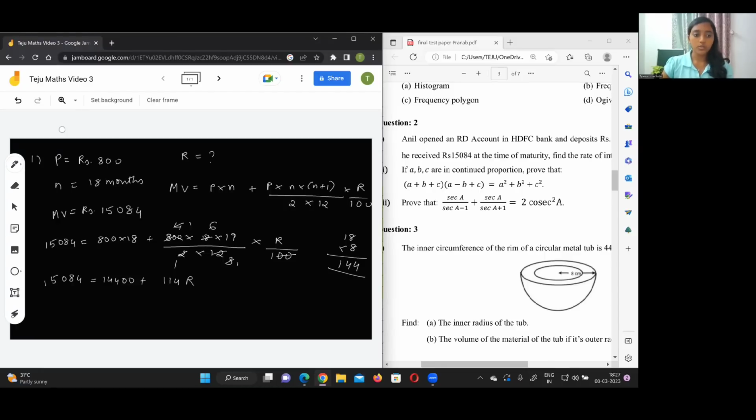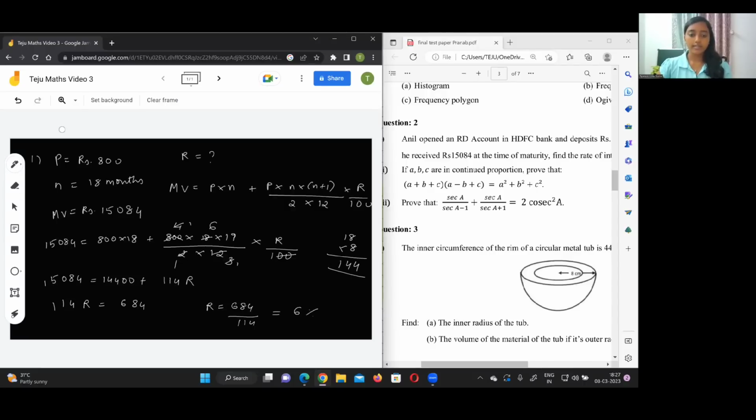114R. So what we get is 114R is equal to 15,084 minus 14400, which comes to 684. So therefore, R is equal to 684 divided by 114, which comes to 6%, right?